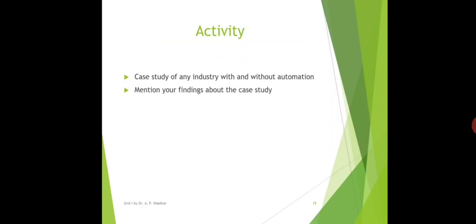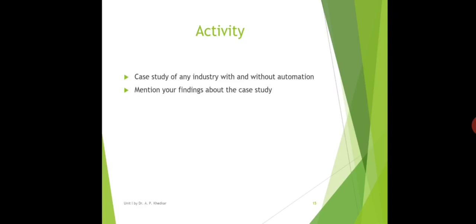So we have seen the evolution of electronics and the impact of electronics on industry and society. Here is a simple and small activity for you. Study any industry with and without automation.